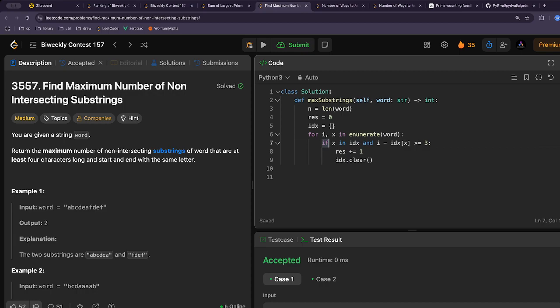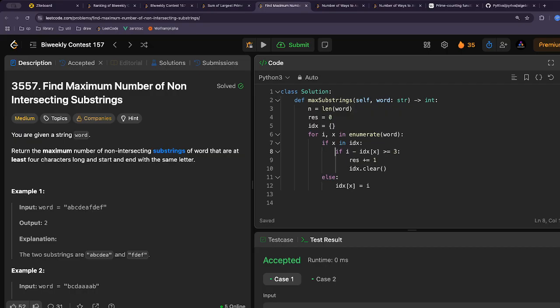Well, I think we need to do this because, yeah. So we want to remember the first time that we see each letter. So there are two options. We've seen the current letter, or we haven't seen it. If we haven't seen it, then it's the first time, so we save that index.